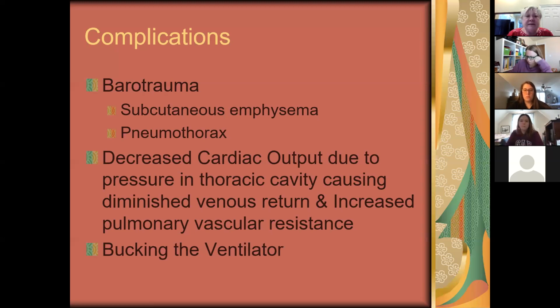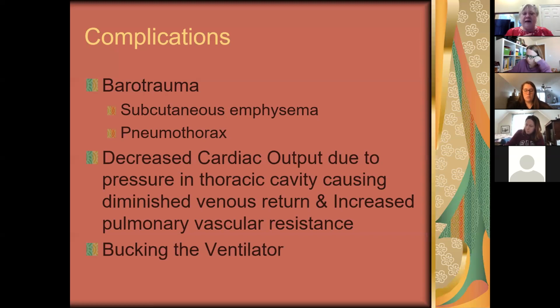The other one is it can affect your cardiovascular system. Because when you and I exhale, we decrease our intrathoracic pressure. We exhale air, that leaves room in our chest for blood to return to our heart. Our heart will expand, then it will contract and shoot blood out for our blood pressure.